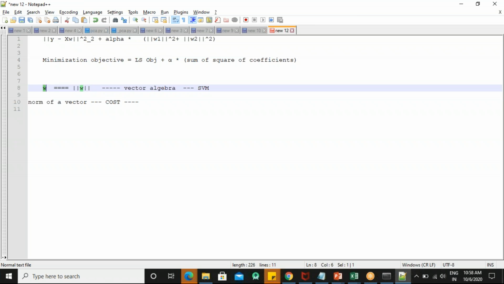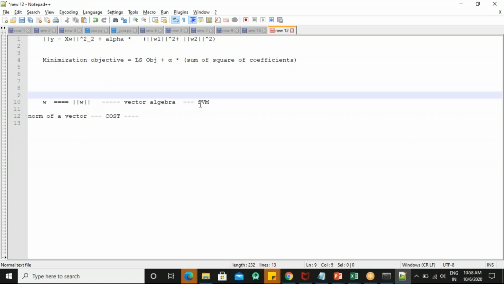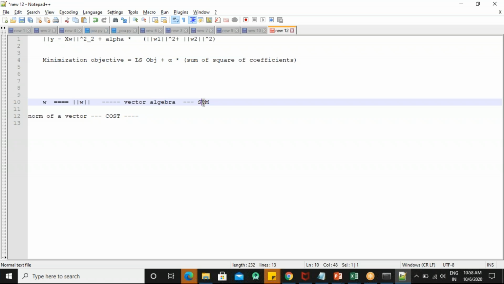If W is a vector, then this represents the norm of a vector in the field of vector algebra or vector mathematics. I'm not going into that, but support vector machines are based on vector algebra.